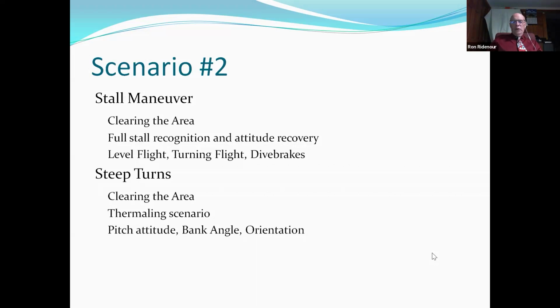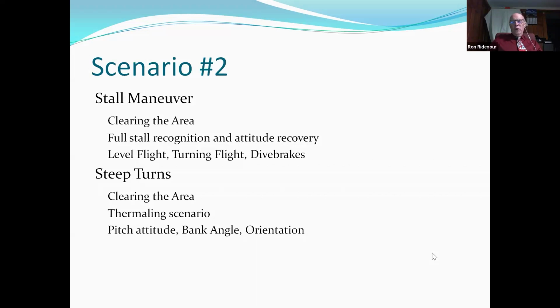A thermaling scenario is probably the most common scenario that you would be doing steep turns in. And if you actually have lift that day, you can utilize that lift to do the steep turns and maybe climb a little bit, or at least not sink as fast, and be able to practice more steep turns than you might otherwise.